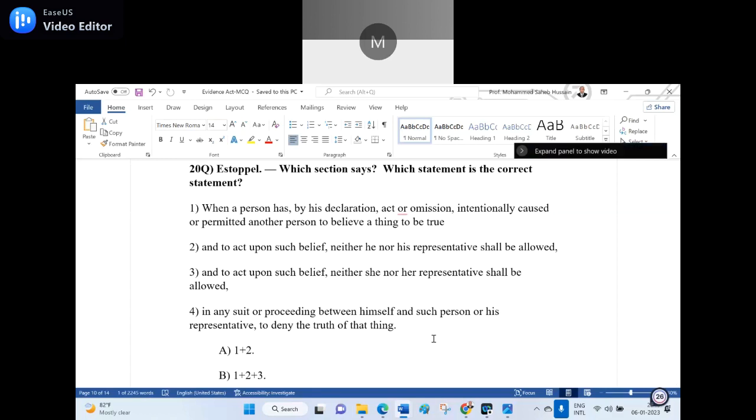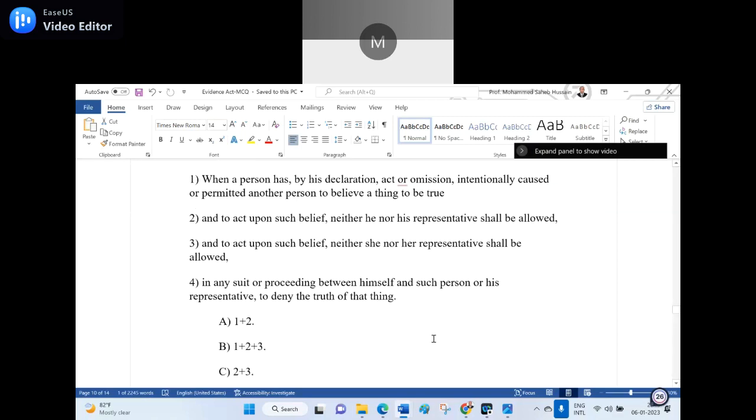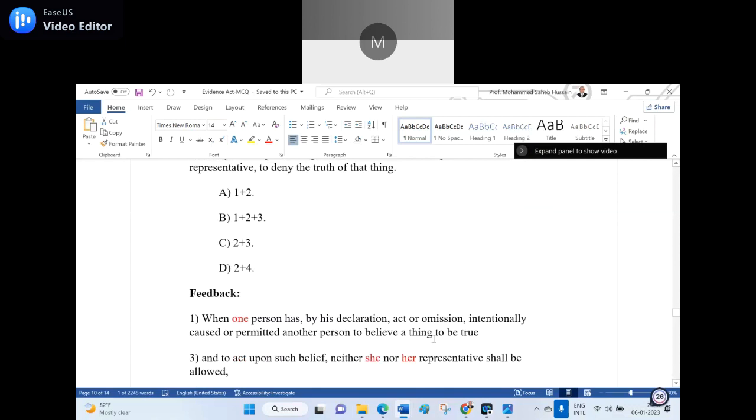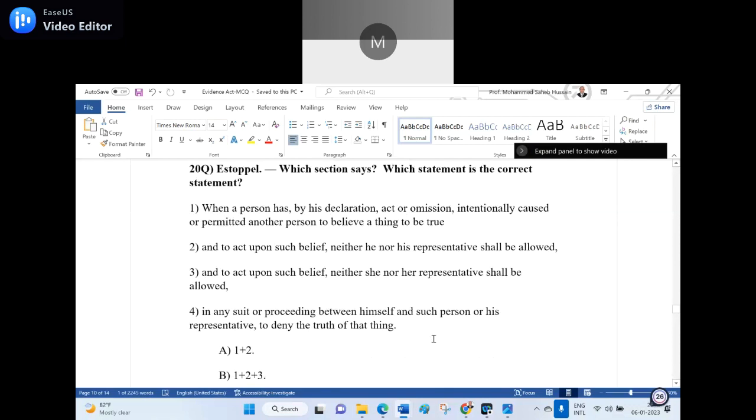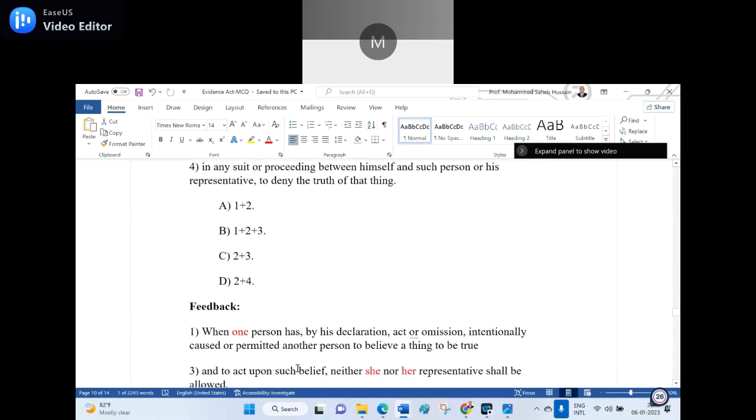When a person has by his declaration or act or omission intentionally caused or permitted another person to believe a thing to be true. So in number 1, it should be 'when one person', not 'a person'. See, I highlighted it in red color. Is it clear?